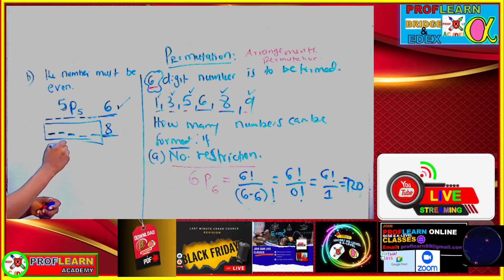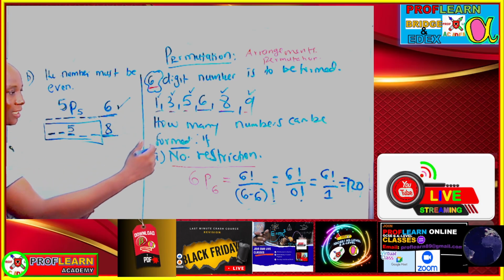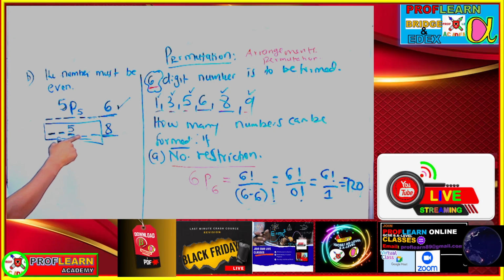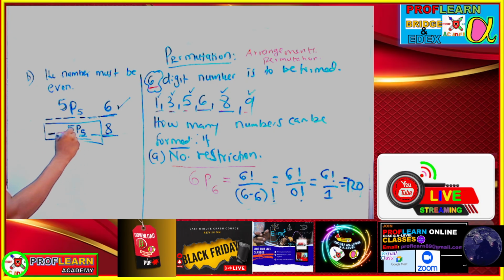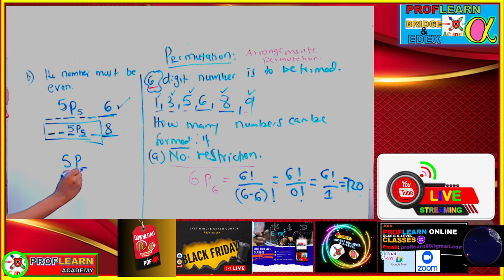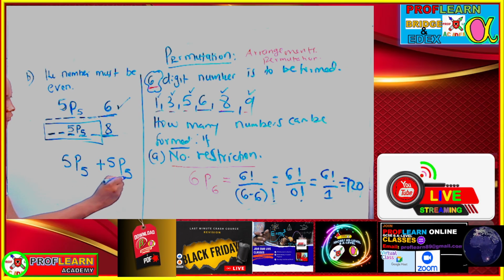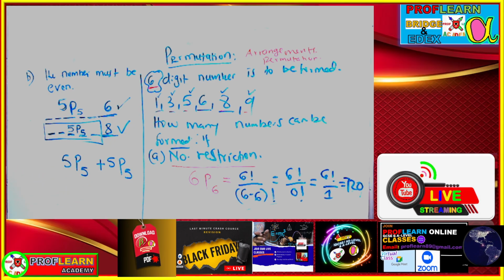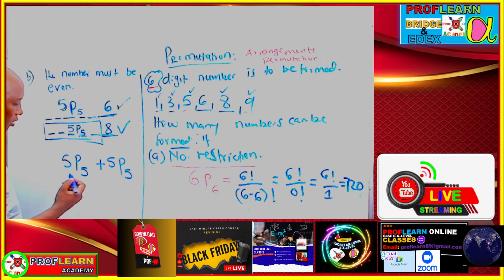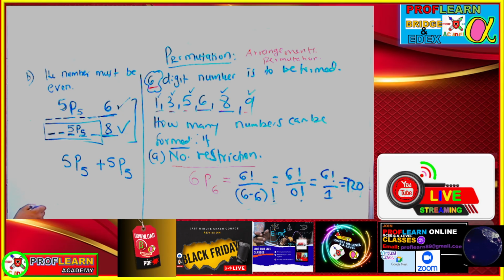They are going to be arranged 5 permutation 5, plus 5 permutation 5, because you have even numbers ending with 6 and even numbers ending with 8. Or you can just say 5 permutation 5 times 2, because you have these two scenarios.